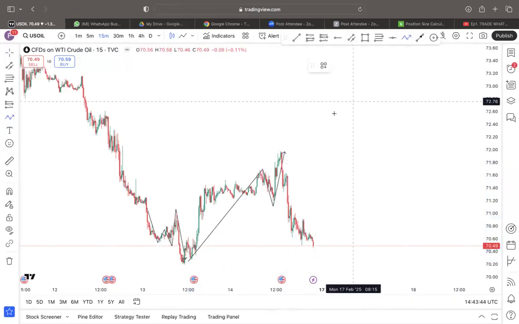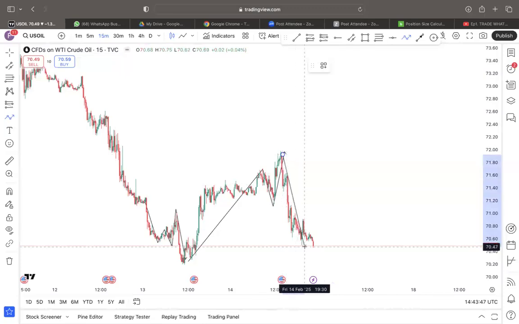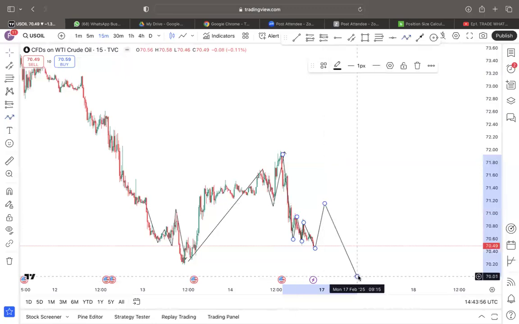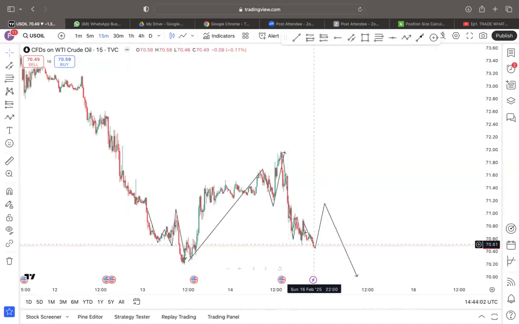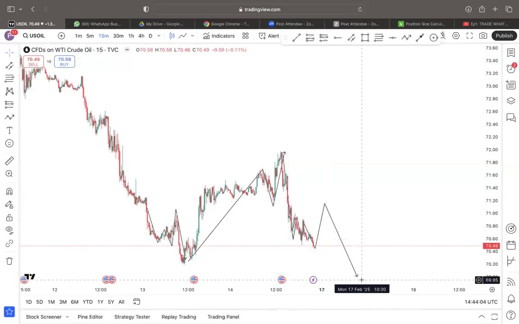So here, this looks like an impulsive move with a different kind of structure. So what do we expect? A clearance of this guy, then boom to the downside. So I will say from US oil, stay away maybe on Monday, especially London session, because you'd expect that buy should happen. Then the sell will happen later, maybe around New York session or on Tuesday.